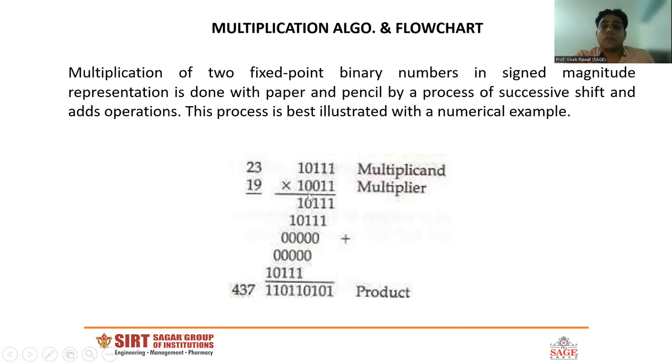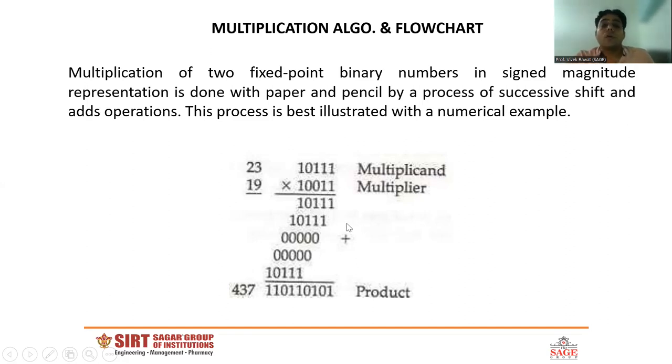This 0 also gives us the same 0 0 0 0 0, and this 1 multiplied with this whole number gives us 1 0 1 1 1. After adding all these numbers, we got a product that is 1 1 0 1 1 0 1 0 1. This is the simple pen and paper calculation with the help of digits or bits for the multiplication of 19 and 23.